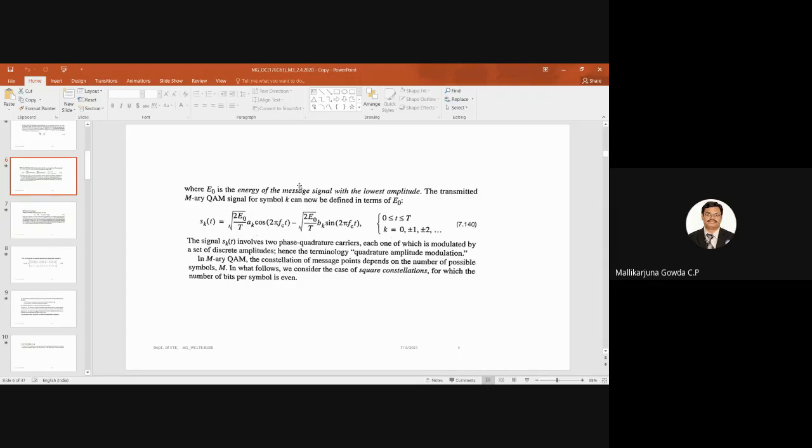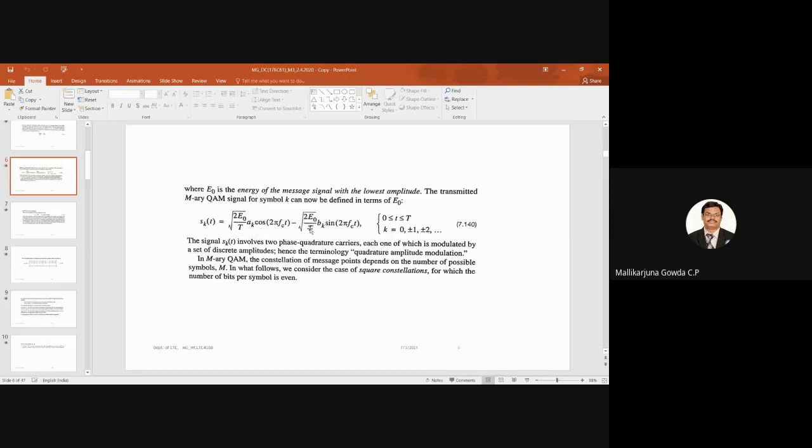So the transmitted M-ary QAM signal is defined as, here we are taking k as the symbol, s_k(t) is equal to root of 2E_0 by T, a_k being the amplitude, times cosine of 2 pi f_c t, then minus root of 2E_0 by T, b_k times sine of 2 pi f_c t.